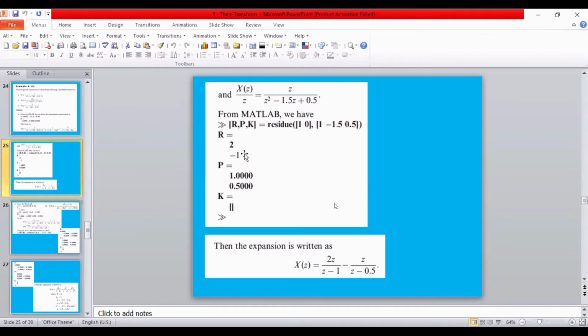So now we write the answer. 2 goes here, minus 1 goes here. We have poles. Pole means that we have z minus all this in the formula. So you always write z minus 1 or z minus 0.5. And you get exactly the same solution as we did by hand, right?